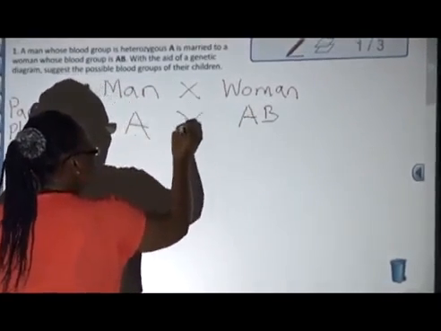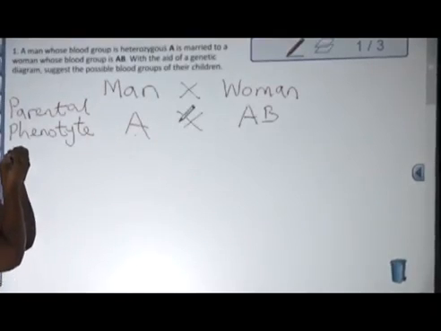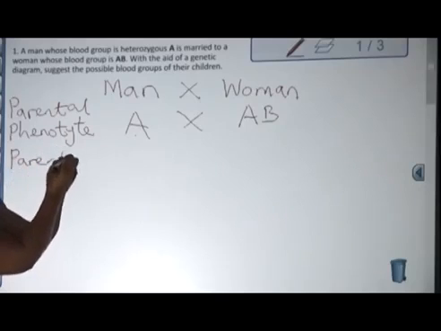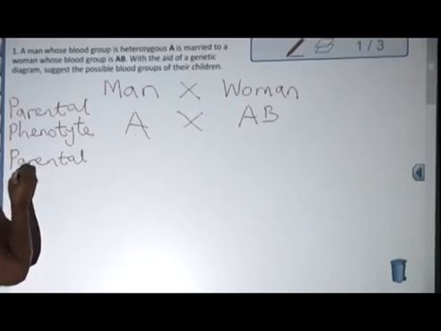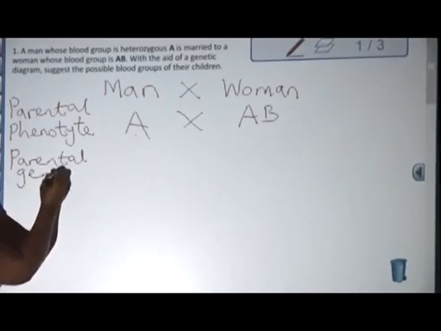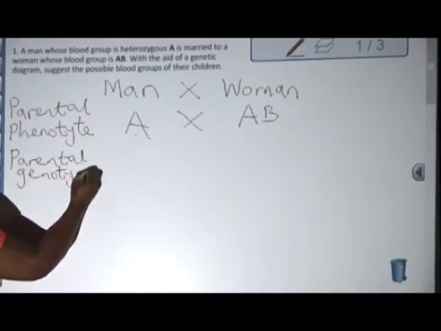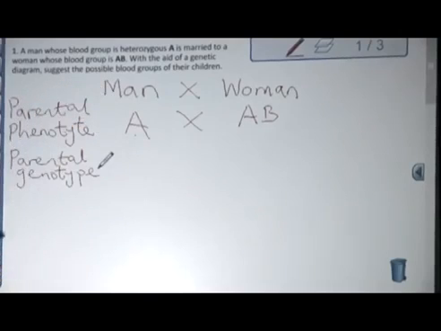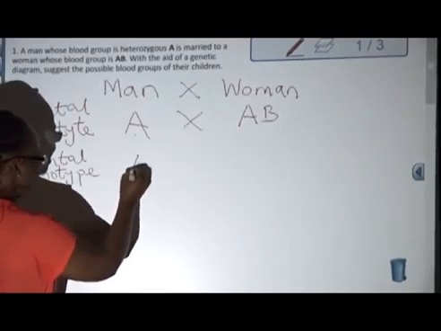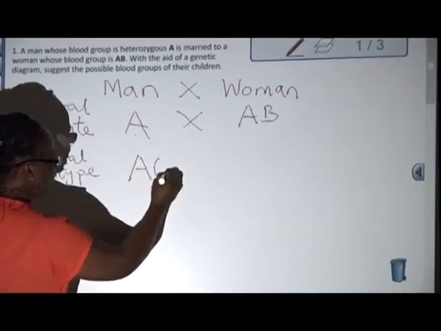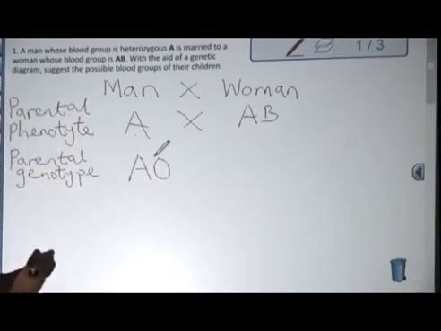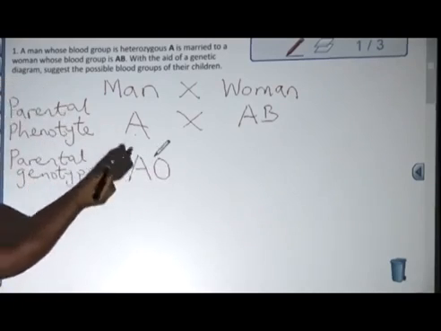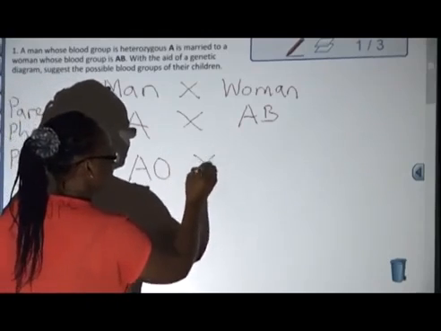Make sure you put that X. The next step, parental genotype. From this, the man is said to be heterozygous A. What would that mean? That is, it will now be AO, one dominant gene A and a recessive gene. And the woman is AB. They are codominant. Both will show.